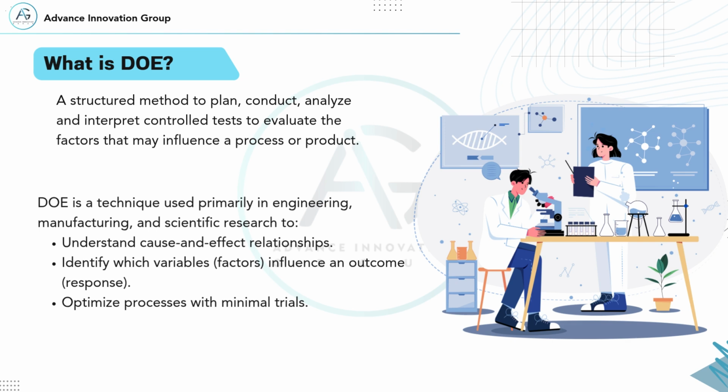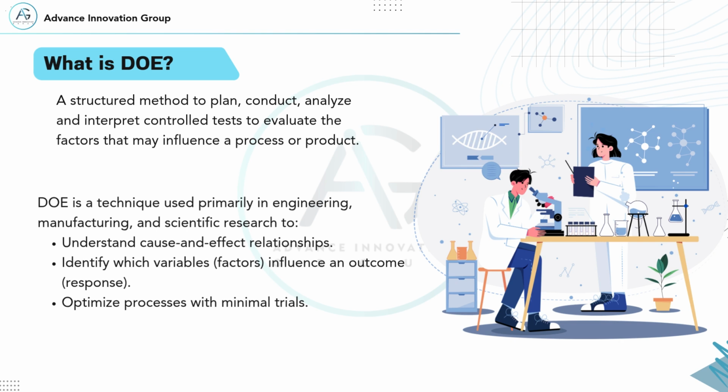It helps us understand cause and effect relationships, so we can pinpoint which input variables, or factors, have the greatest impact on results. By using DOE, we can identify key variables, understand how they interact, and optimize processes efficiently, often with fewer trials than traditional testing methods.